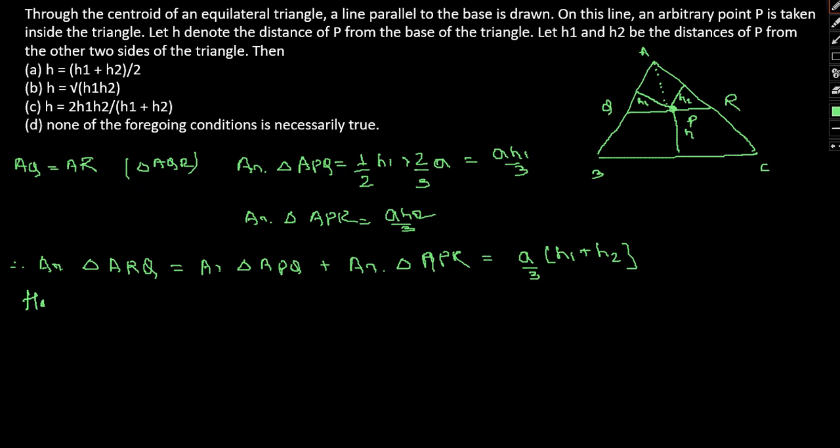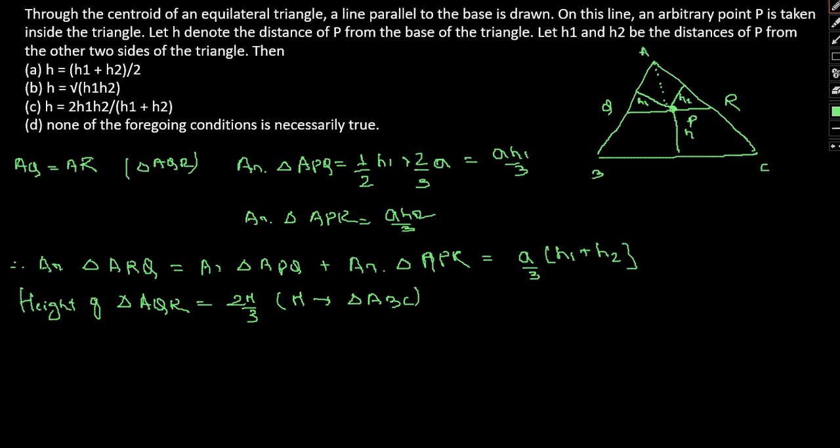So height of triangle AQR will simply be 2h by 3, where h is the height of triangle ABC. Okay, so we can write that.